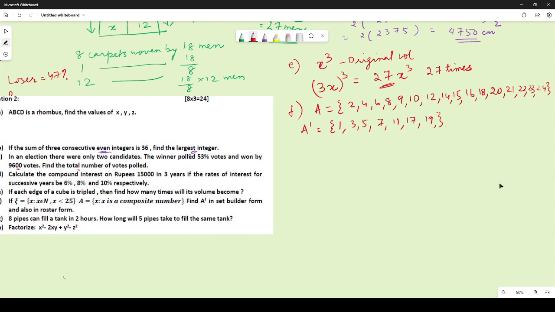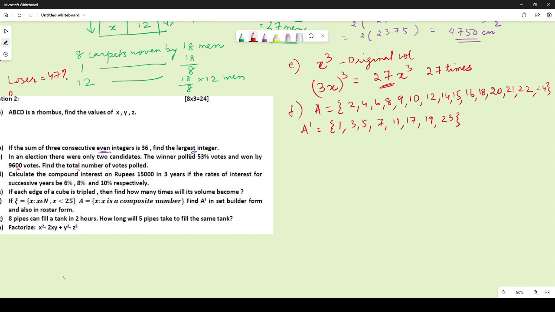Oh, sorry, 23 will not be in A. It's a prime number, right? So 22 and 24 are there, and 23 will be in A complement as well.